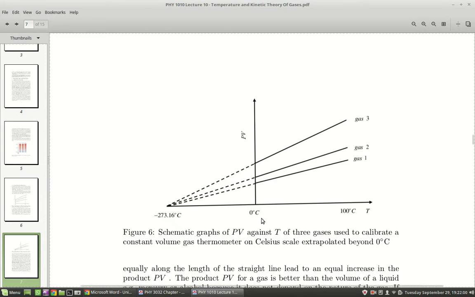So we use those ones, then we divide the space between the minus 273.16 or 15 and 0.01 degrees, which is the triple point of water, into 273 equal parts, and each of those equal parts becomes what we call a Kelvin.